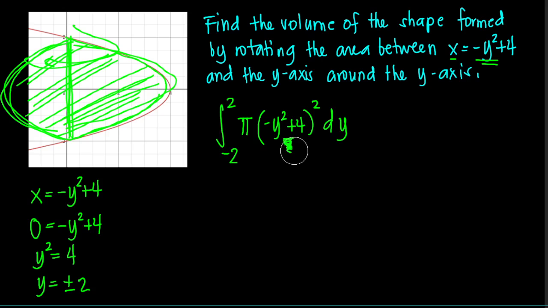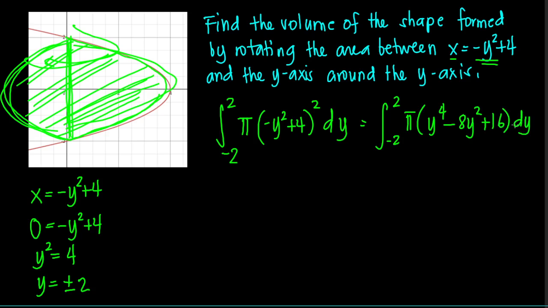Okay, and then like I said, expand this one, then go ahead and use FOIL. This should become negative 2 to 2 pi, y squared is y to the 4th, minus 8y squared plus 16 dy.